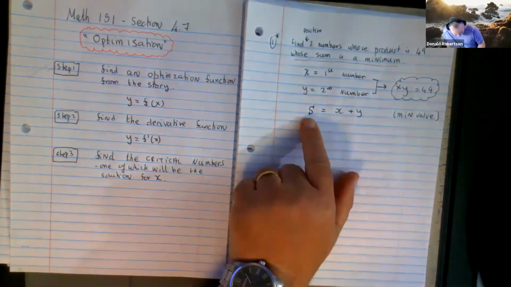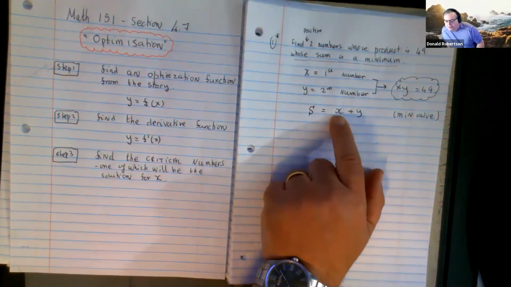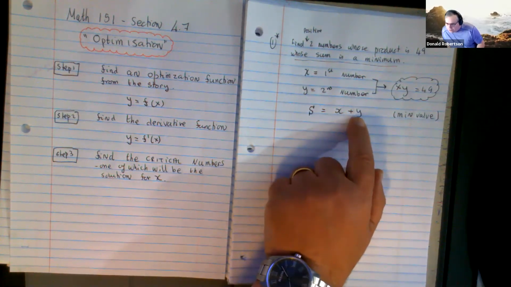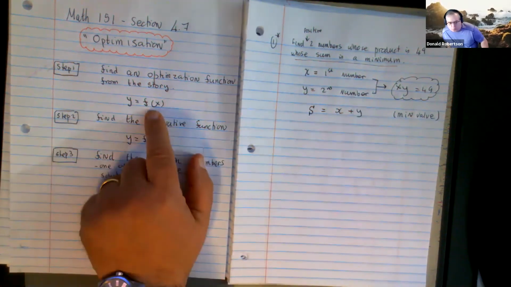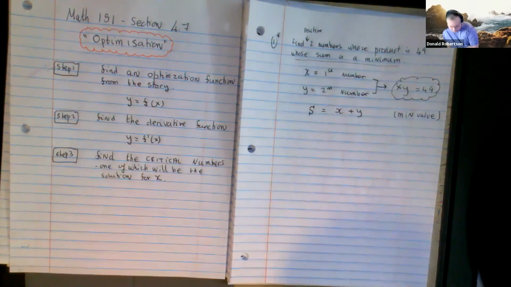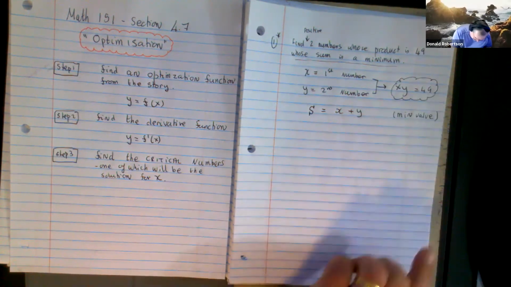Now, right now, I do have an optimization function. The problem with my optimization function is that it has two variables, x and y, and I need it to have one variable. So this is where this guy comes in.